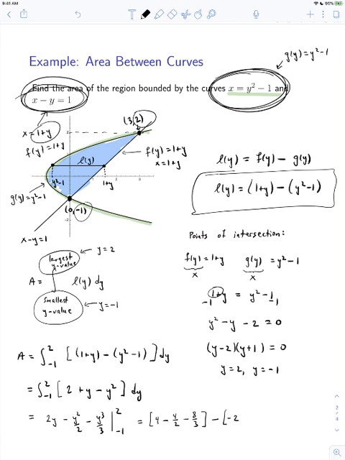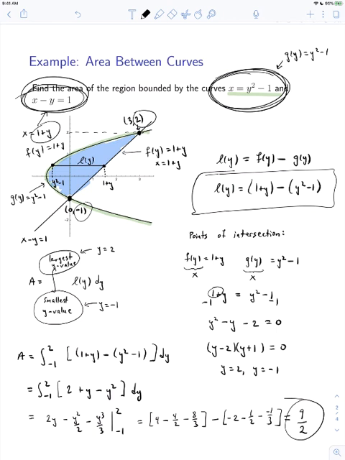So we have minus 2, plus 1 half, negative 1 squared is a positive 1, and then minus a negative 1 over 3. If you do all of the arithmetic, this should end up as 9 over 2. And that's the area of the region.